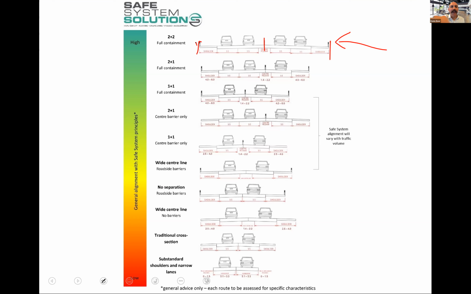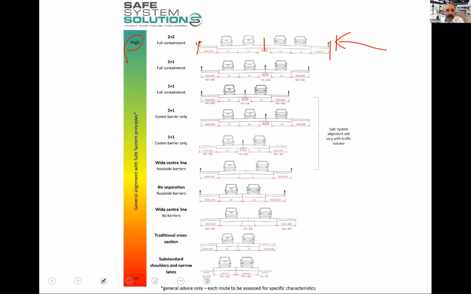And look, the area taken up is so much smaller. That is going to be a safer outcome. A sort of alignment with safe system principles from high down to low, you can see there a little, it's sort of very conceptual sketching, but the idea is there.